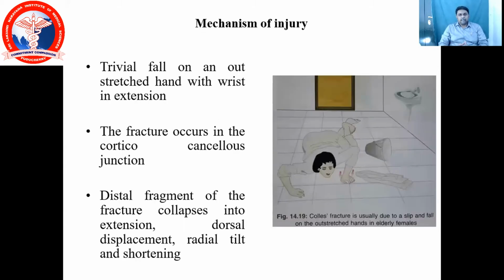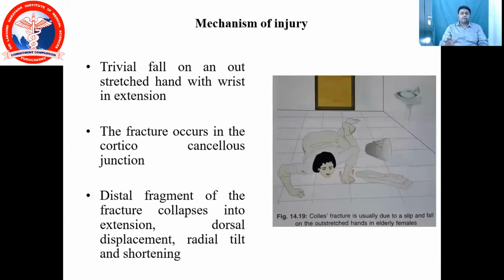So mechanism of injury: a trivial fall on an outstretched hand with the wrist in extension. This fracture occurs at the corticocancellous junction. The distal fragment of the fracture collapses into extension, dorsal displacement, radial tilt, and shortening. So whenever a person, mainly an elderly person, slips and falls, a trivial fall, like old age people walking in the bathroom or somewhere, slipping and then falling down.